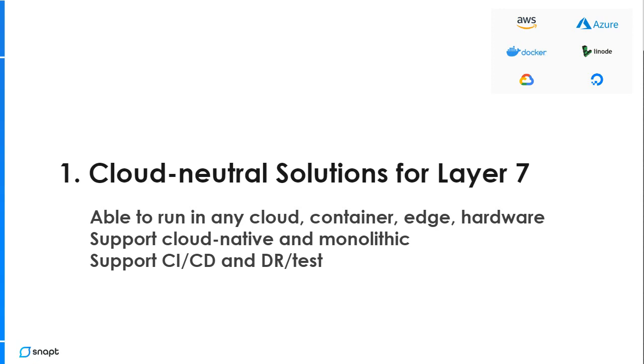Your things like web application firewalls, intrusion detection systems, SIEMs, all that kind of stuff should be able to run in any cloud, container, edge, device, hardware solution, anything. It's critical if you want to actively manage the threat profile and risk of your network that you are running that solution in every location in your network.